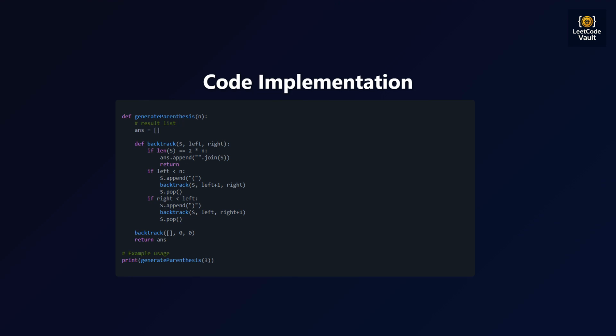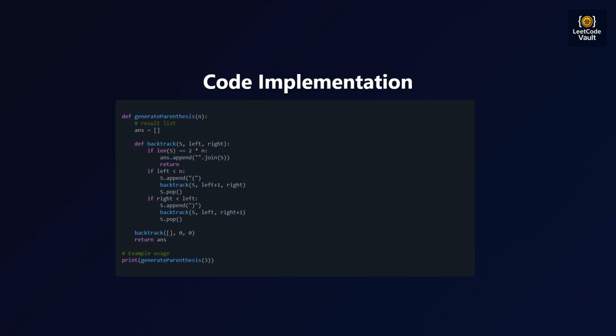If the balance becomes negative, meaning more closing than opening, we know we've gone down an invalid path, and we can backtrack. If we've reached the maximum number of pairs, 2n, and our balance is 0, meaning we have a valid combination, we add it to our result. This recursive approach, guided by our balance check, drastically reduces the search space and delivers a much more efficient solution.